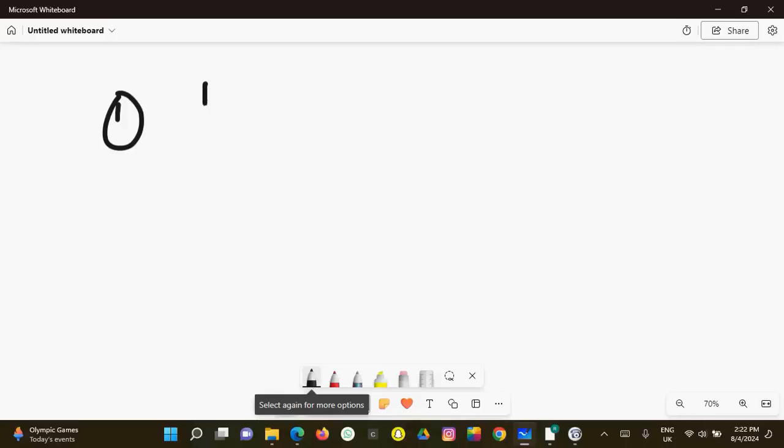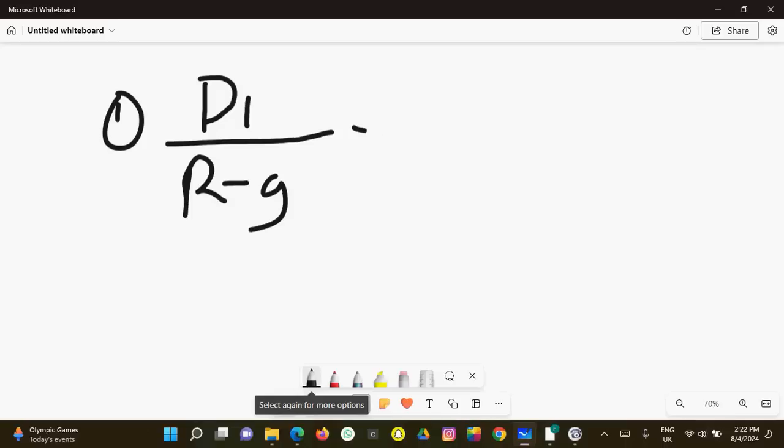So for question 1, remember the dividend growth model is to get the price of a share, right? If it's the dividend in year 1, then D1 over R minus G is equal to the price of a share. So here we are looking for the cost of equity. The cost of equity is the same as the rate.